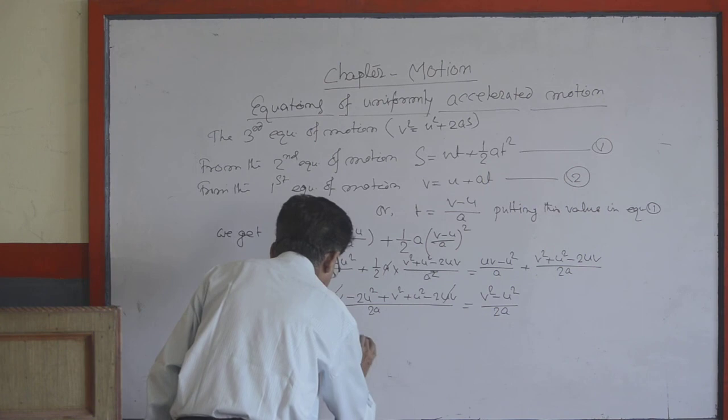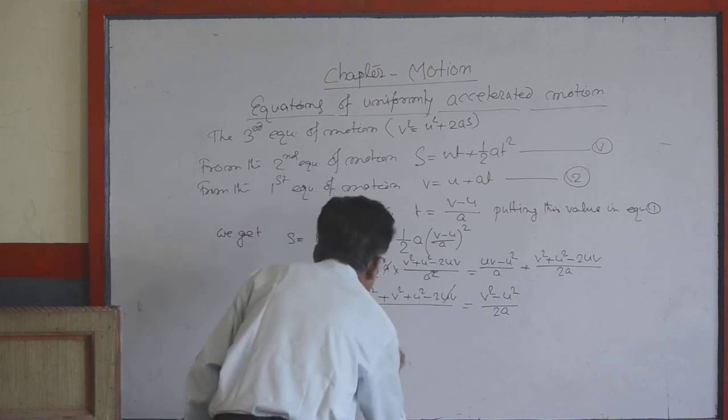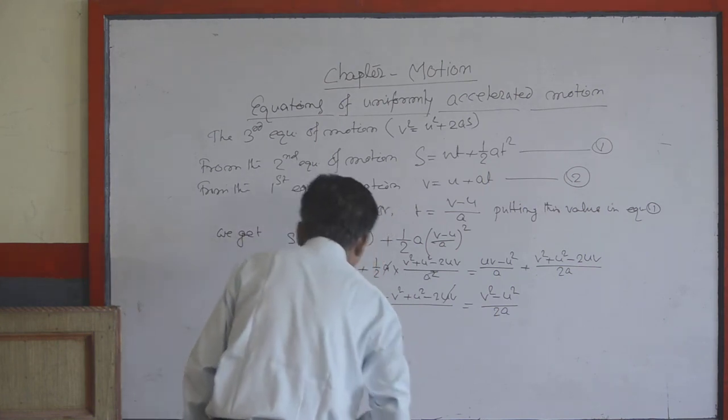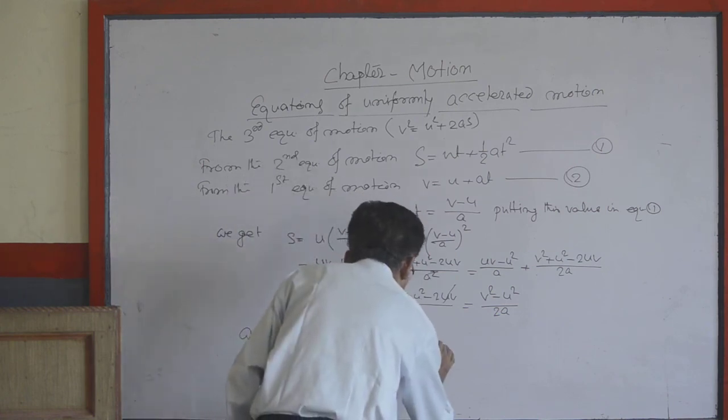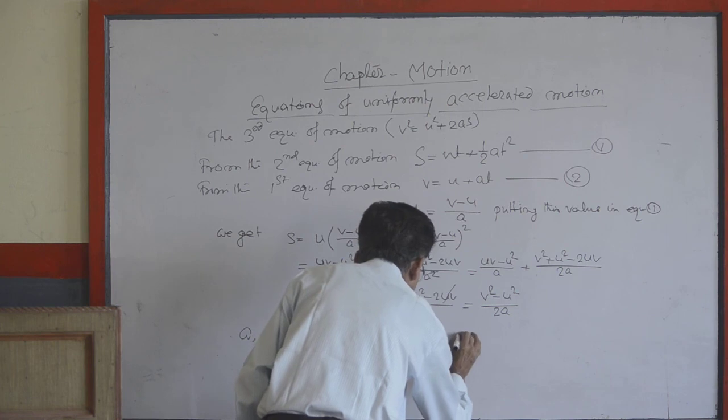From this, 2as equal to v square minus u square.